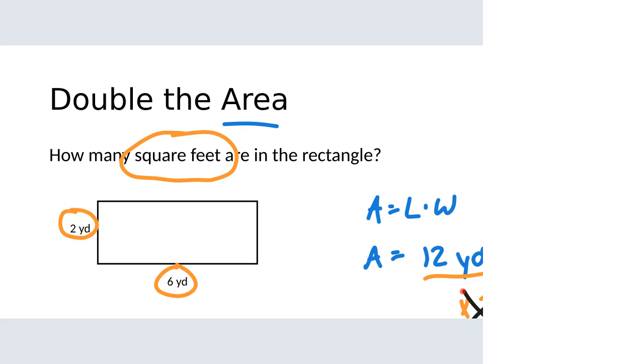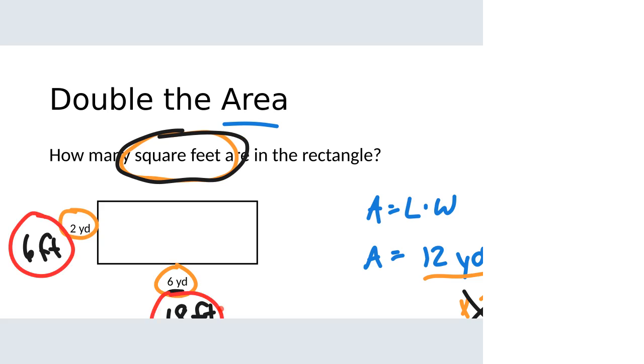Let's go ahead and change the dimensions of this from yards into feet where they're sitting. So instead of 6 yards, we'll call that 18 feet, because that's what it would be. Instead of 2 yards, we'll call that 6 feet. And now if I want the number of square feet in this rectangle, I have 6 feet by 18 feet.